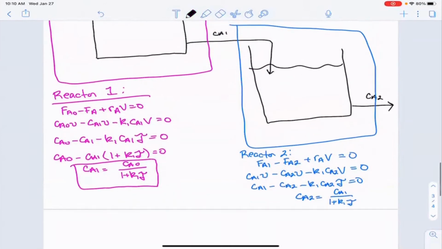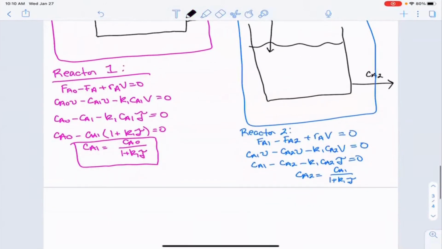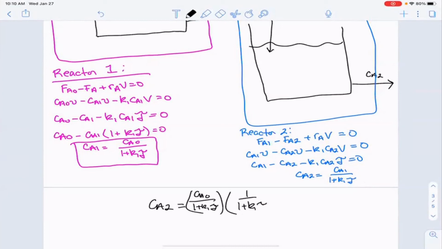Now, we don't want to necessarily have to measure this concentration all the time. Fortunately, we already have an expression for the concentration of CA1, and we could insert that into this equation to find the final concentration. So CA2 is then equal to CA0 over 1 plus K1 times tau times 1 over 1 plus K1 times tau.